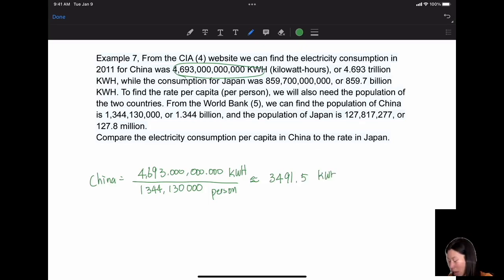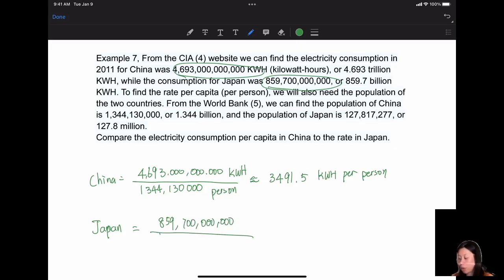kilowatt hours per person. Whereas Japan, when we compare them, we have what? We write down the total consumption. No, that's the population of China, sorry. So the electricity consumption in Japan is this number. I'm not going to read this again.